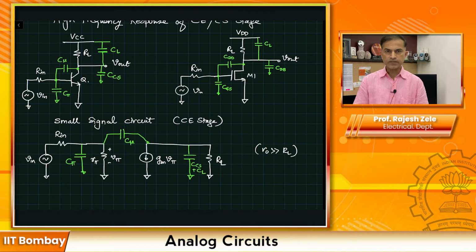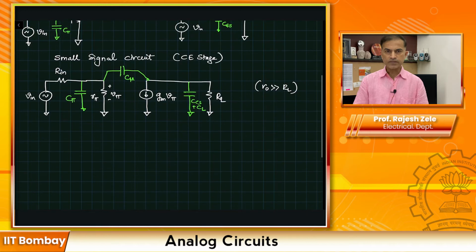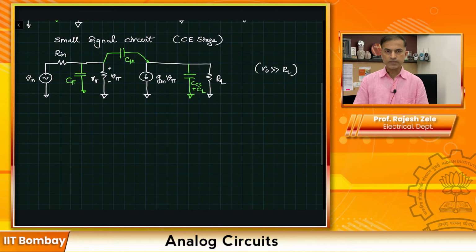You can draw a similar circuit for MOSFET stage, and you will find the only difference will be R pi will be infinite for a MOSFET stage. So we can draw a unified model for both BJT and MOSFET amplifier, an equivalent model, and then analyze that. So here is the unified model for both BJT and MOSFET.